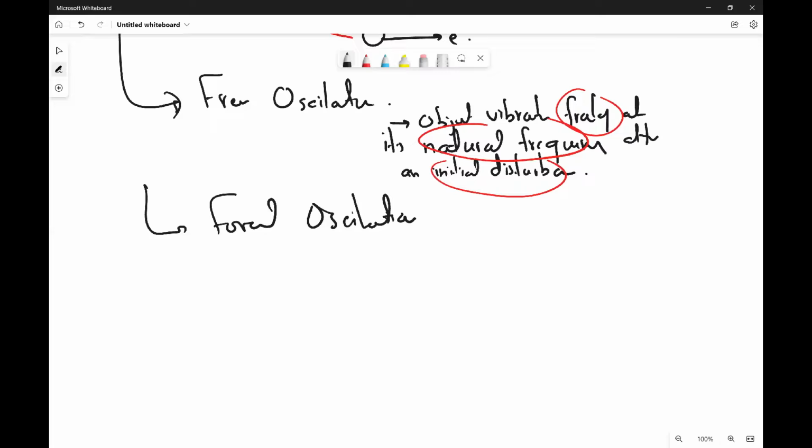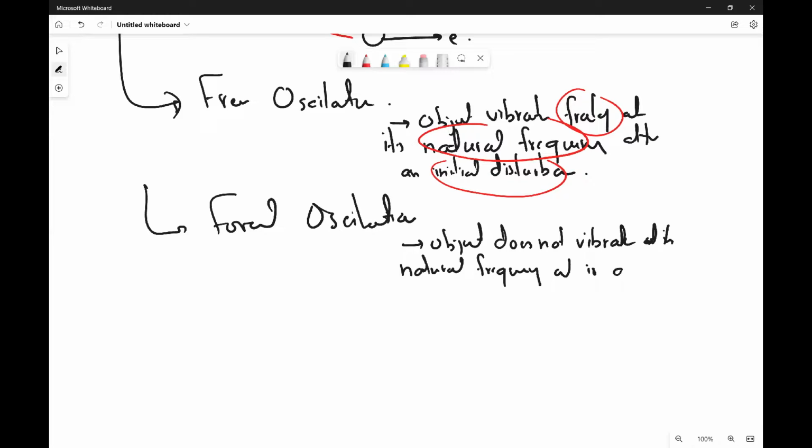So forced oscillation is when an object does not vibrate at its natural frequency and is caused to vibrate at a frequency higher than that.